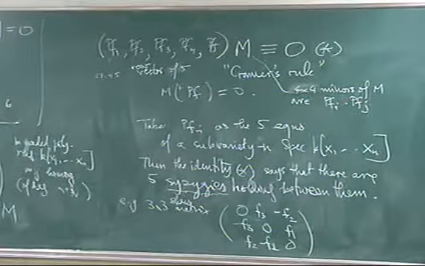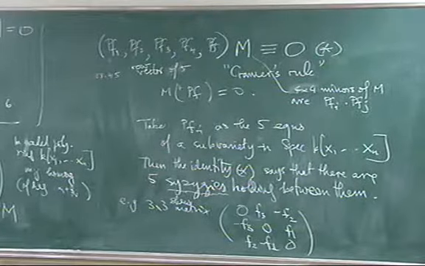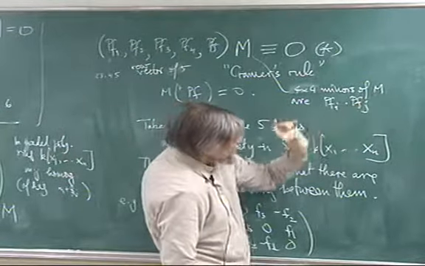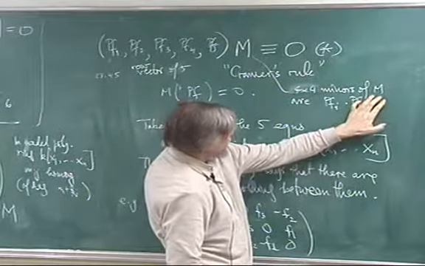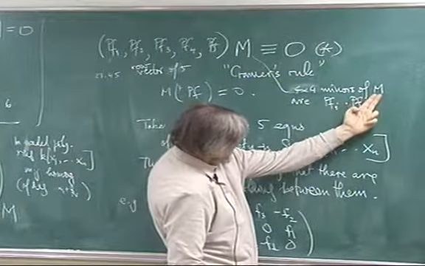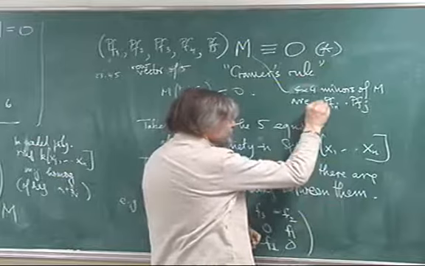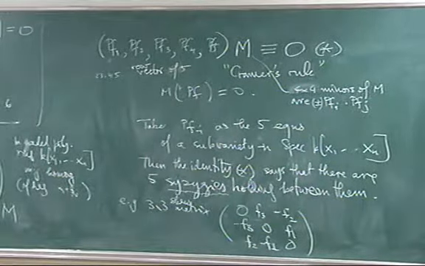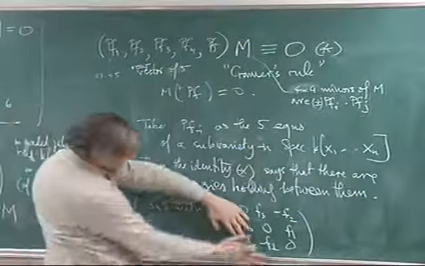Right? So the adjoint matrix of M, which has determinant 0, has rank 1, and so the adjoint matrix is just a product of two vectors. You can see this here.